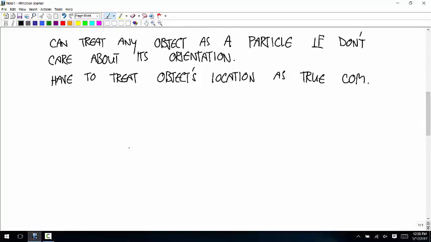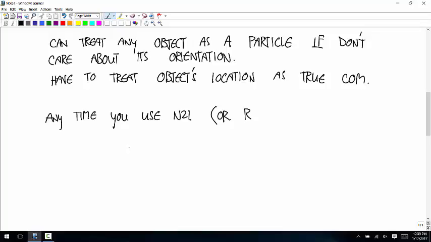So with particle statics, we're going to be using Newton's second law, and we're not going to use the rotational equation.